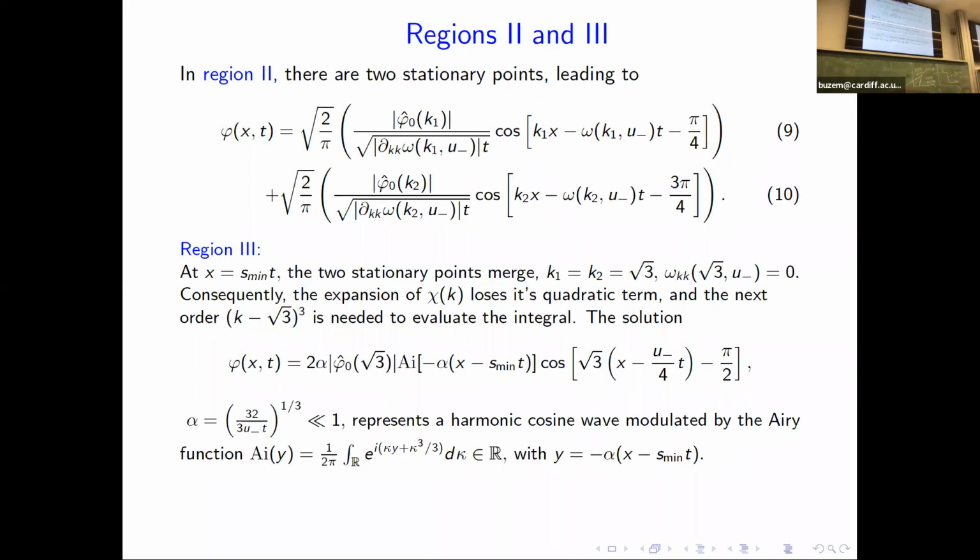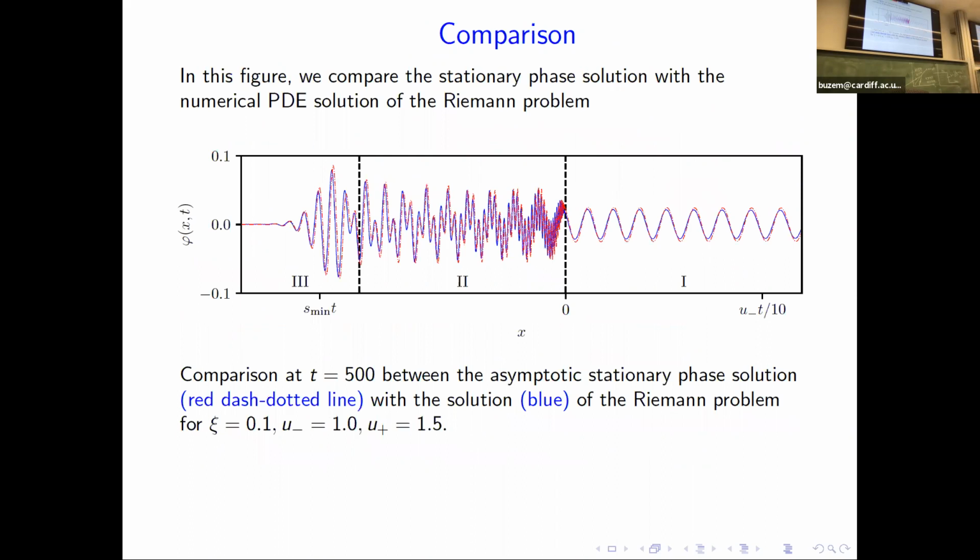So now we've lost the quadratic term, but the next order term is needed. And it turns out that we get an Airy function, and the Airy function explains the shape of that leading order. Then you have to fit all these things together and get a solution, which now again is in red, and it fits remarkably well on the detailed solution.